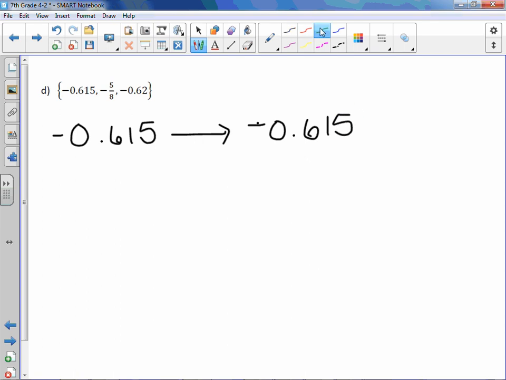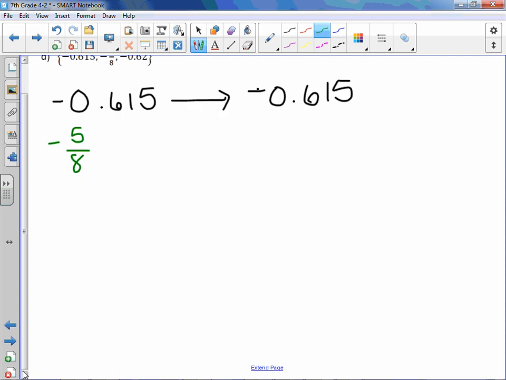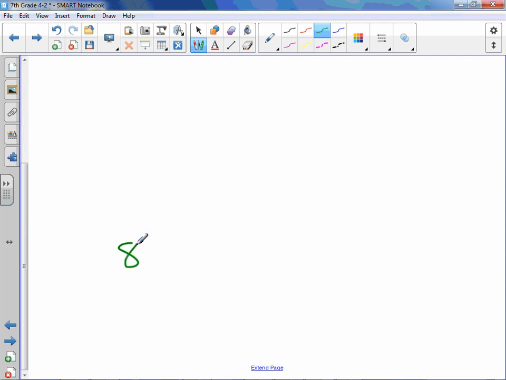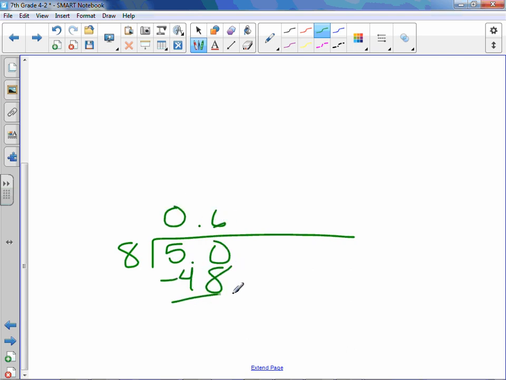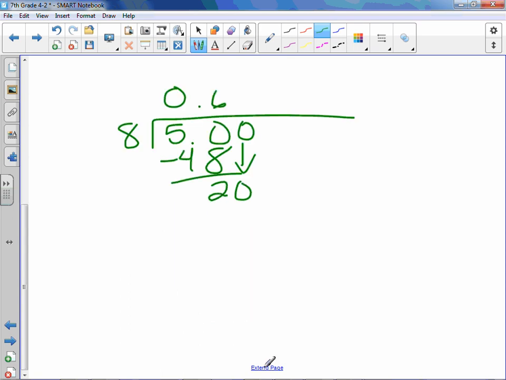Then we have negative 5/8, which I'm going to have to divide out, so we'll do that somewhere out of the way. 0, 6 times 8 is 48. Subtracting to get 2, bring down a 0. 8 times 2 is 16.